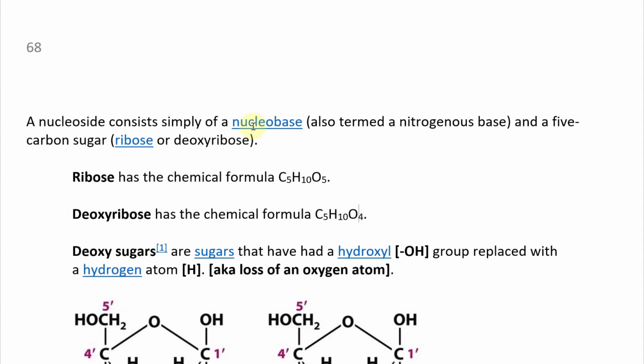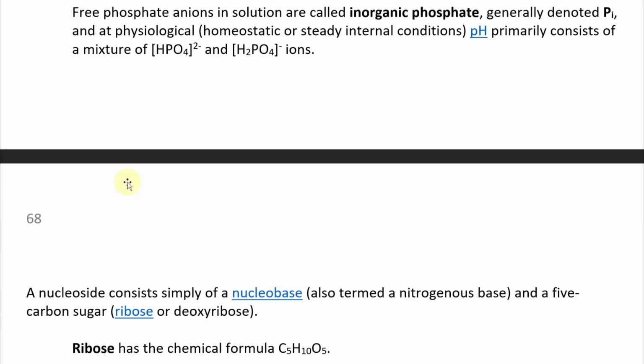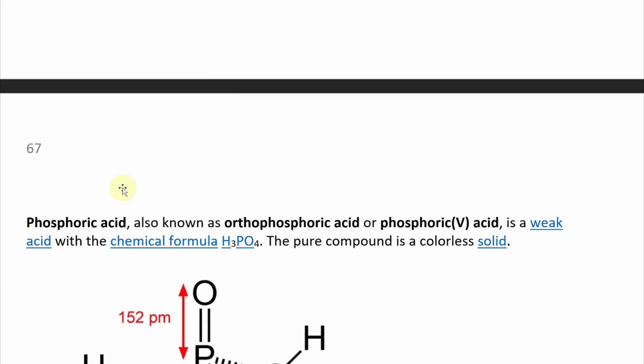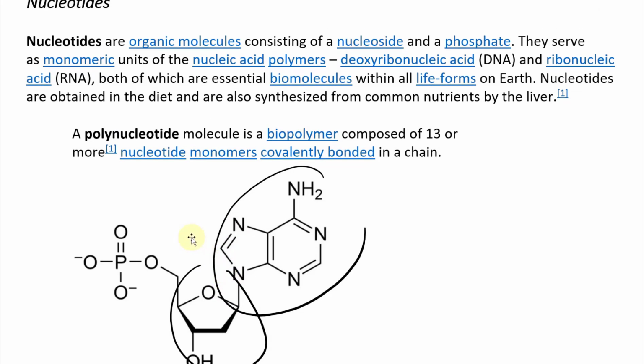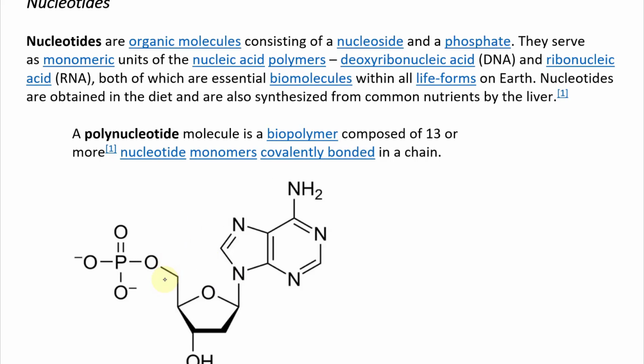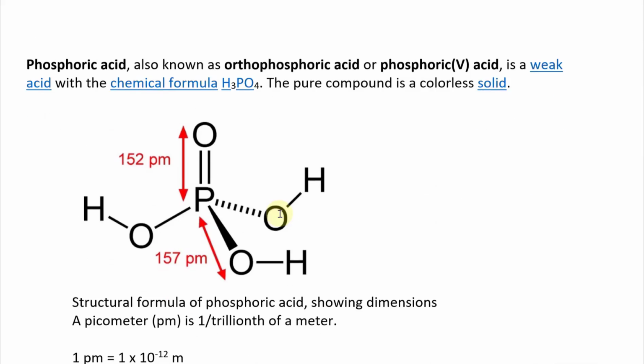So a nucleoside consists of a nucleobase and a 5-carbon sugar. If you go back to our initial nucleotide here, it includes this and this. That's a nucleoside, and then this nitrogenous base is the nucleobase. And there's the 5-carbon sugar, the ribose or deoxyribose.